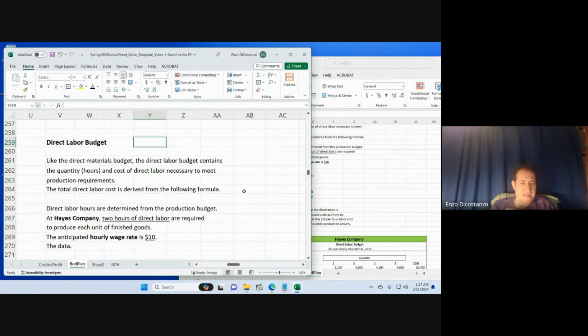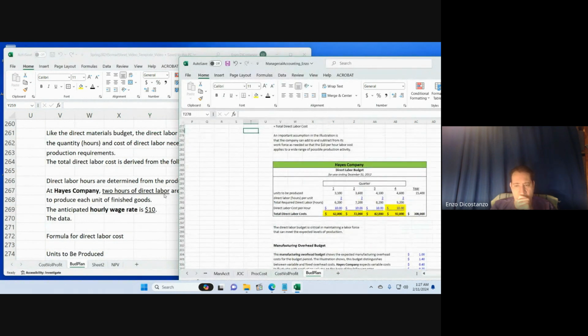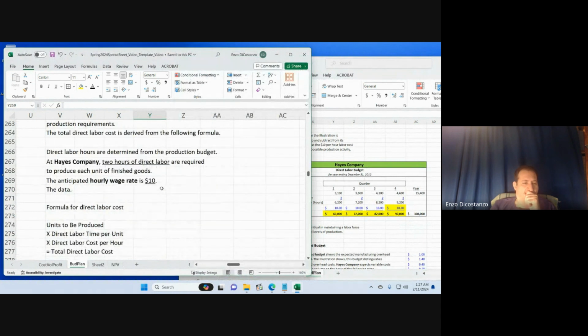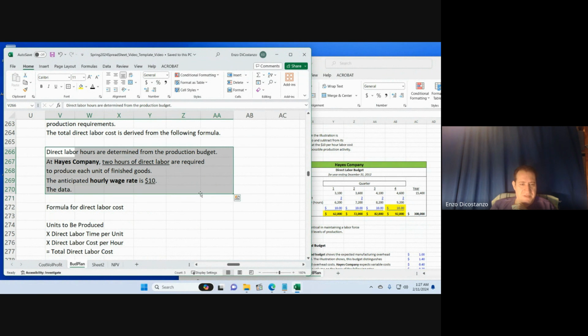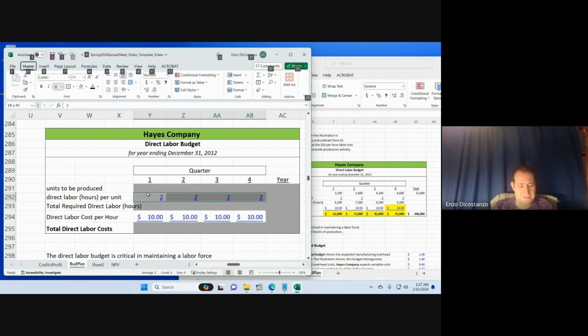And you need 2 hours of labor for each unit of finished goods, and the hourly wage is $10. So from this, you can just run the direct labor per unit, 2 hours, 2 hours, 2 hours, 2 hours, and the cost per hour, $10.